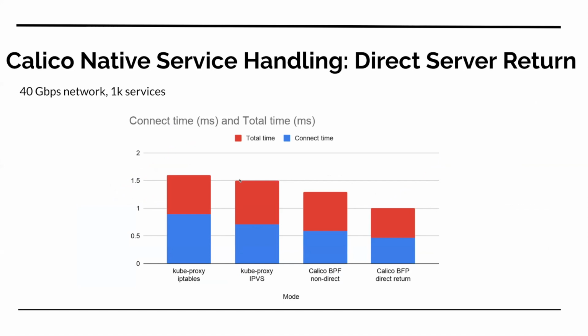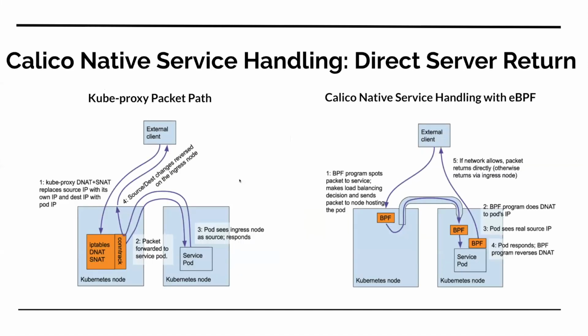So direct server return shaves off about half a millisecond from the round trip time versus using kubeproxy with SNAT and taking your return path through the original host. And again, I'll just go back to this particular illustration to show again how that hop has been removed.